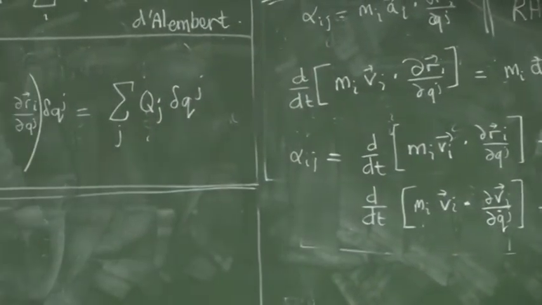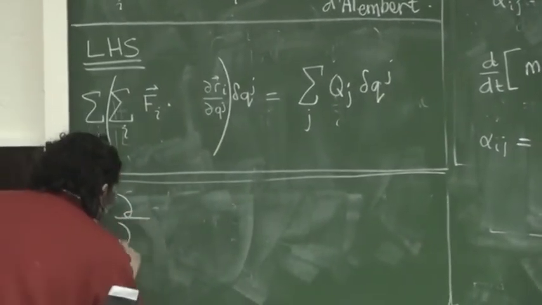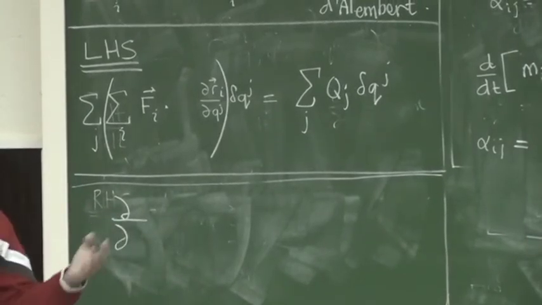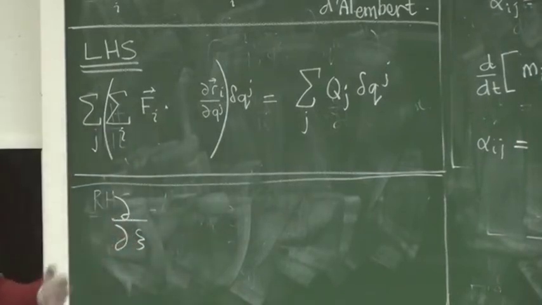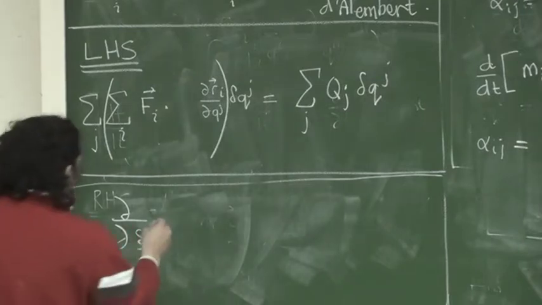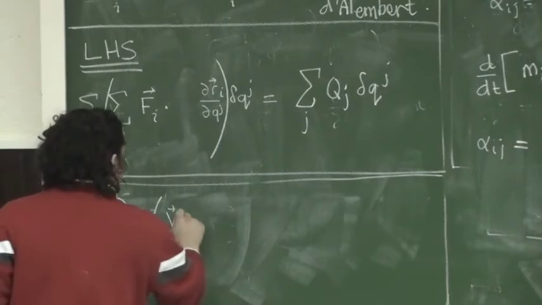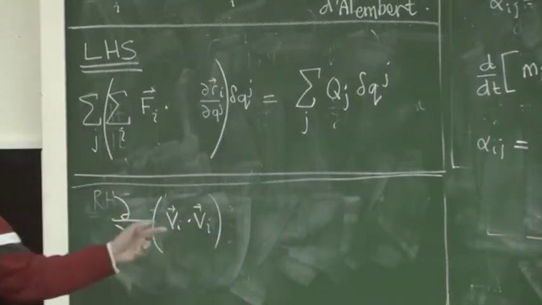Right, so let's have a look. If I'm taking del by del something, what should I call myself? X, I don't know, whatever, something. Sounds nice because it looks like it's equivalent of vi dot vi, what do I get?